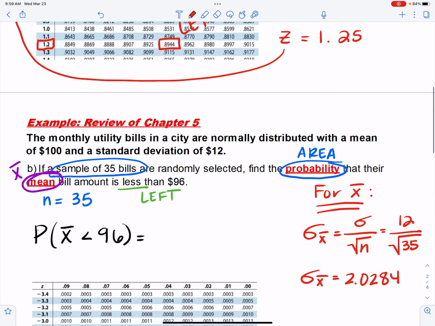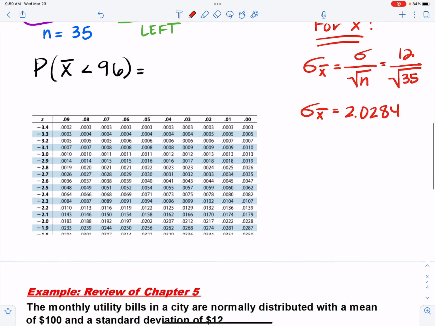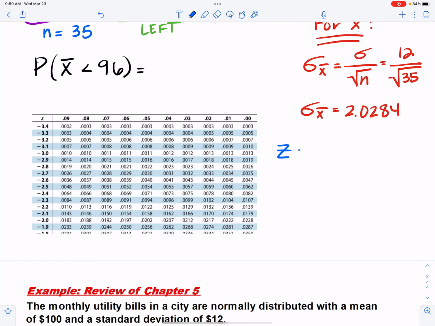Once I do that, I'm going to follow the same process I just went through because I'm still trying to find an area under the curve. That is, convert it to Z and then go to the table and get my area. So from here, I'm going to calculate Z based on this value of 96.